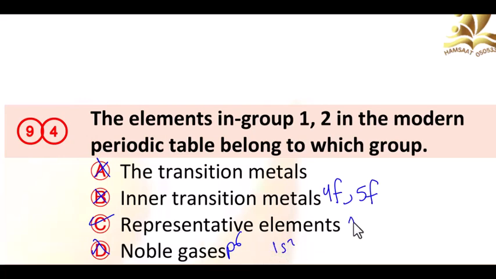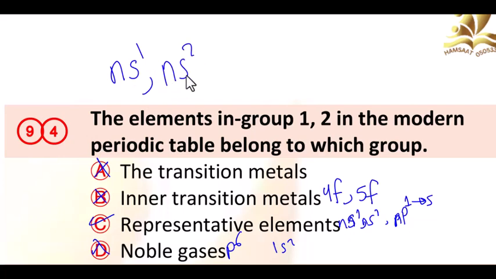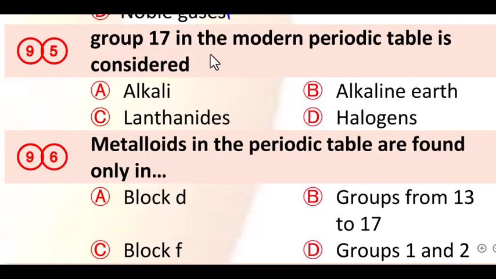Representative elements have electron configurations ending in s1 or s2, or in p from 1 to 5. But p6 is a noble gas. So any element with electron configuration in s1 or s2 or p from 1 to 5 is a representative element. Group 17 in the modern periodic table is called the halogens.